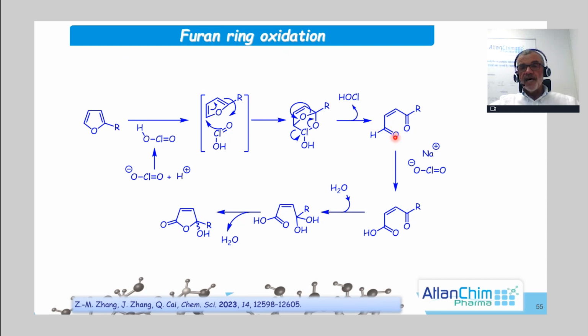Oxidation of the aldehyde to the carboxylic acid with sodium chloride provided this latter intermediate. Via the formation of this carbonyl hydrate, this intermediate was converted to the corresponding gamma-hydroxybutenolide.